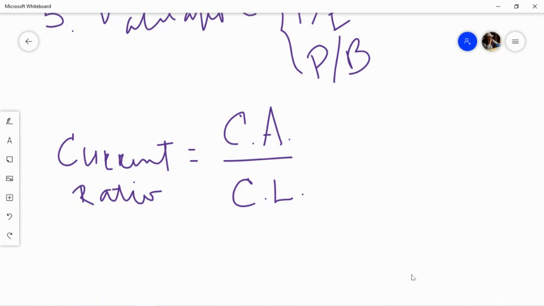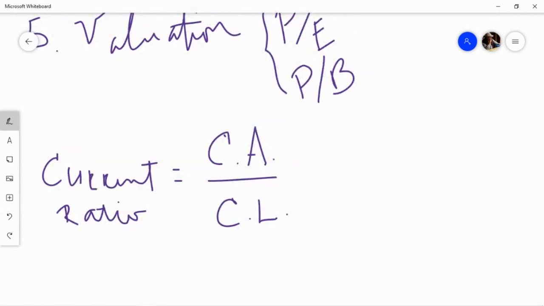Some of it in 1 month. Some of it in 3 months. They have all different maturities, and these payments must be met. And what is the source of funds to make that payment? It's the current assets.